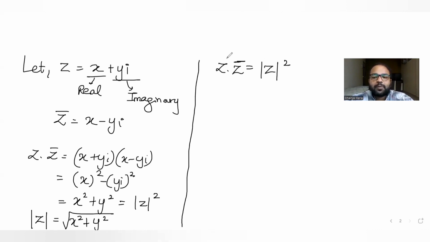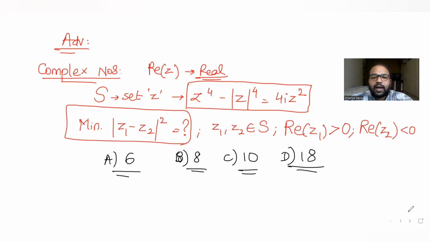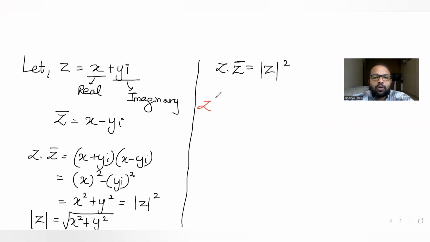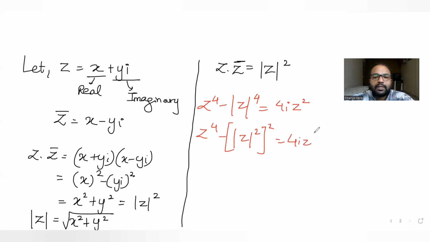Now if I write the expression given to us, z raised to 4 minus mod of z raised to 4 is equal to 4i z square. Instead of mod of z raised to 4, I can write mod of z square, the whole square. I already know z into conjugate of z is mod of z square.